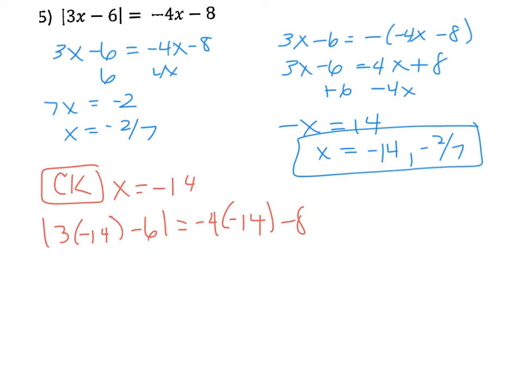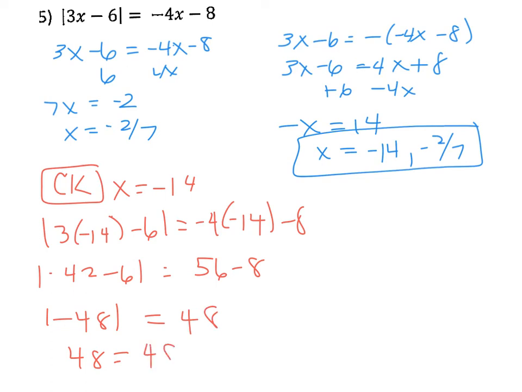Well, 3 times -14 is -42, minus 6 is the absolute value of -48, which is 48. That's 56 minus 8, which is 48, and 48 does equal 48. So I know -14 works.